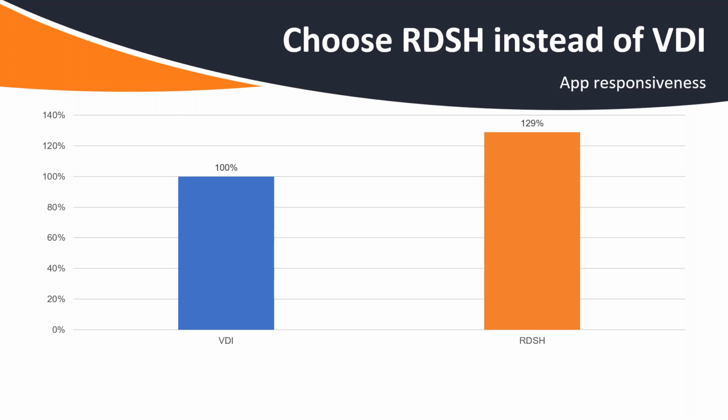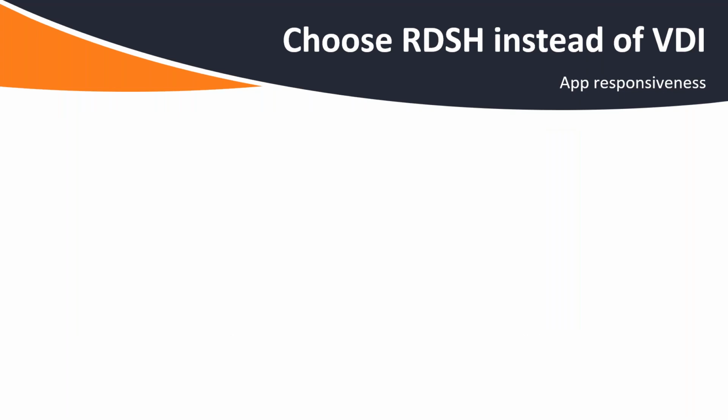We actually saw that RDSH, or XenApp or server OS VDAs, I don't know how people want to call it, were responding faster. It was a 29% delta between VDI and RDSH. So for us, the battle between those two was quite clear: RDSH can still deliver the highest density and the best user experience of those two.